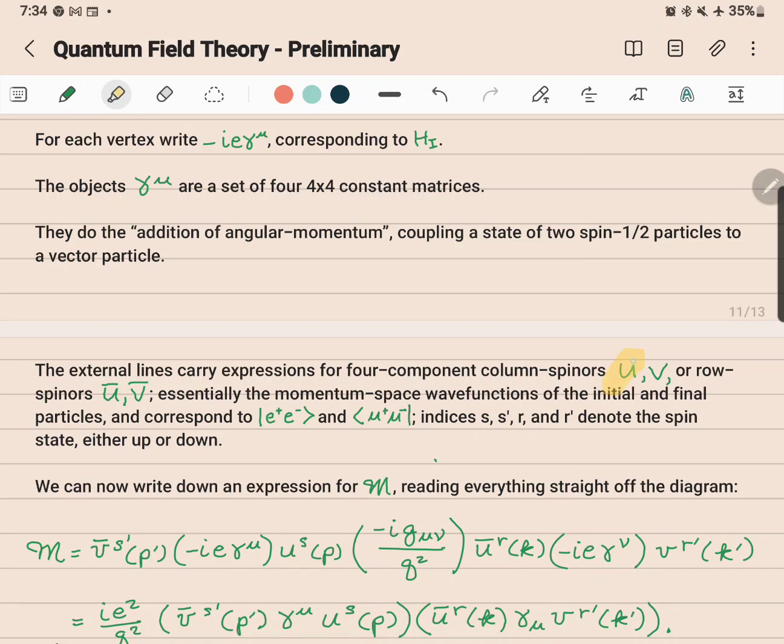The U is representing the particle state, and the V is representing the antiparticle state.